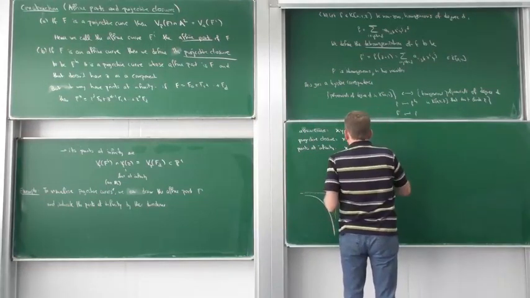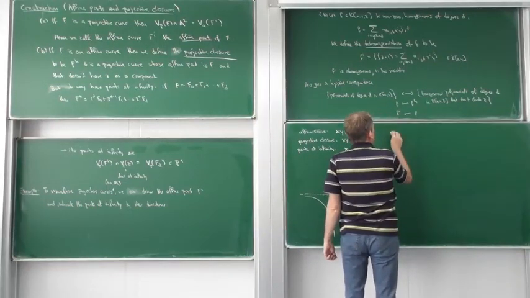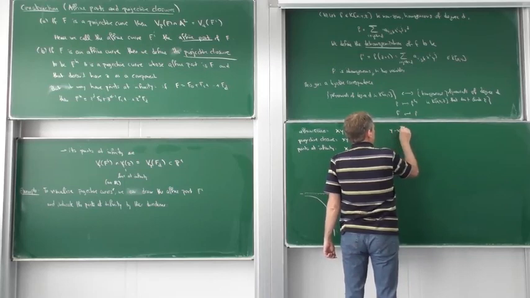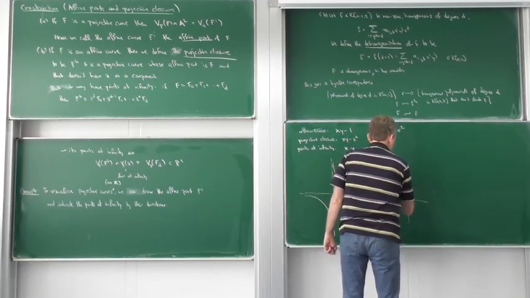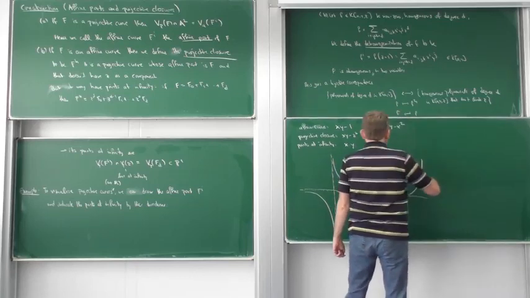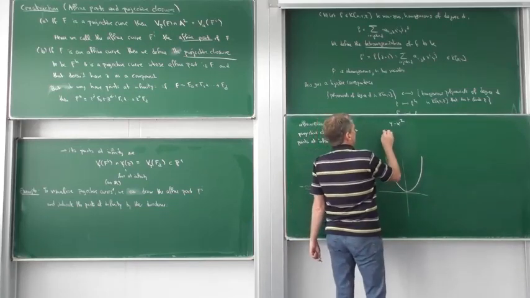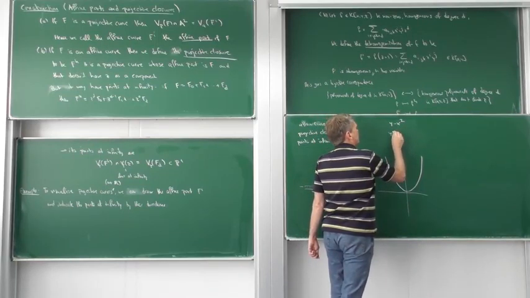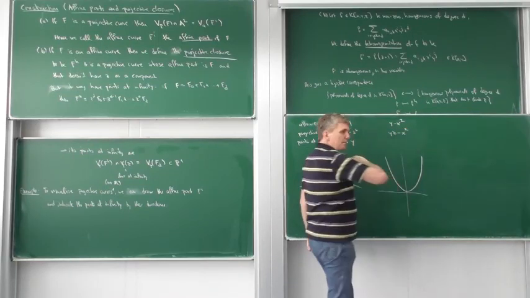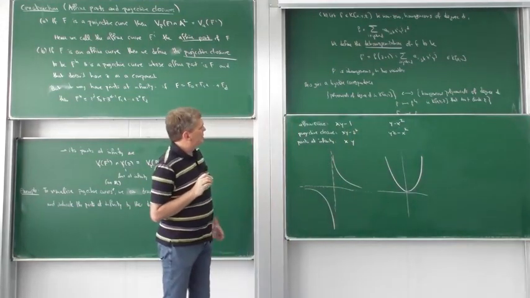If we have other cases of conics, we might have a parabola like y minus x squared, where the standard picture is like this. Then the projective closure is given by making this homogeneous with another coordinate, yz minus x squared.